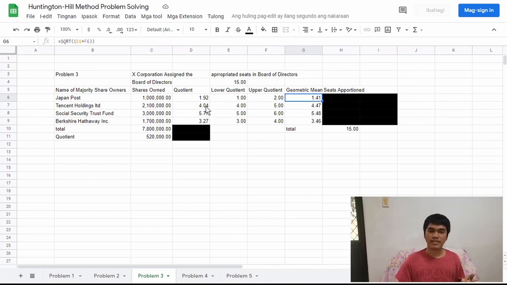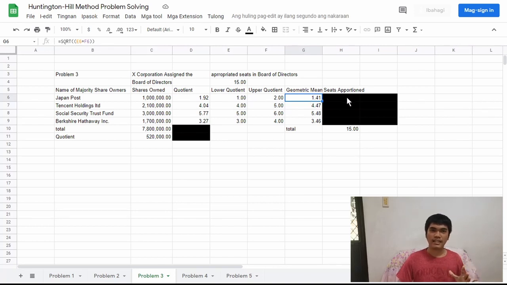Tencent Holdings got a higher geometric mean than the quotient. The Social Security Trust Fund has a higher quotient than the geometric mean. Berkshire Hathaway has the same case as Tencent Holdings, which is a lower quotient than the geometric mean.